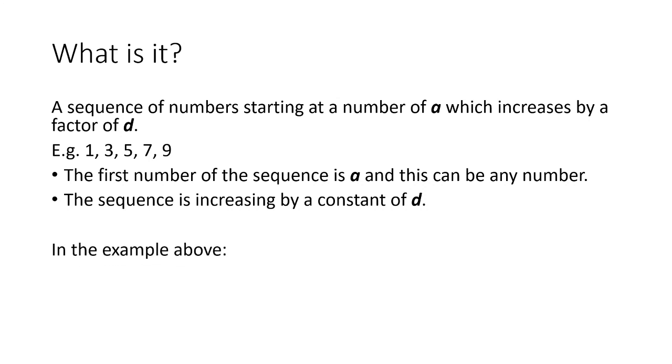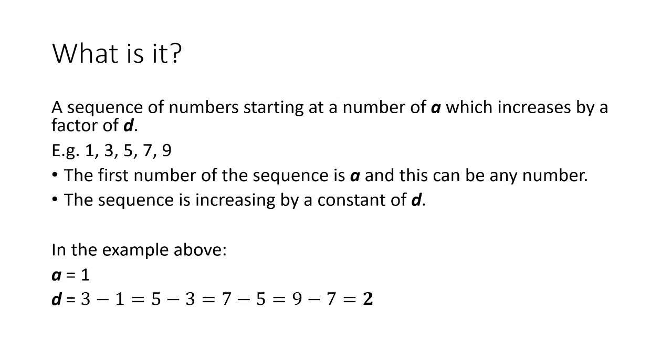So if we look at the example above, a equals 1, since that is the first term of the equation. And we can work out d by subtracting one of the terms with the term before it. So, for example, 3 minus 1, since the second term is 3 and the first term is 1.